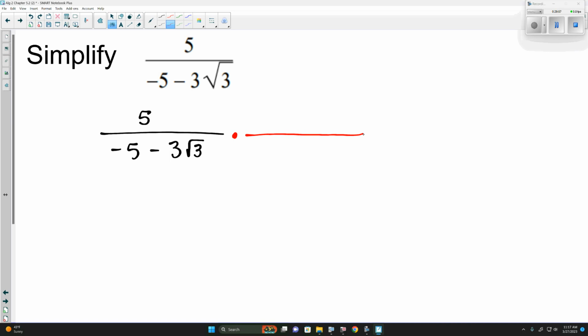Yes. Negative 5 plus 3 square root of 3, because we're just changing the sign in the middle.